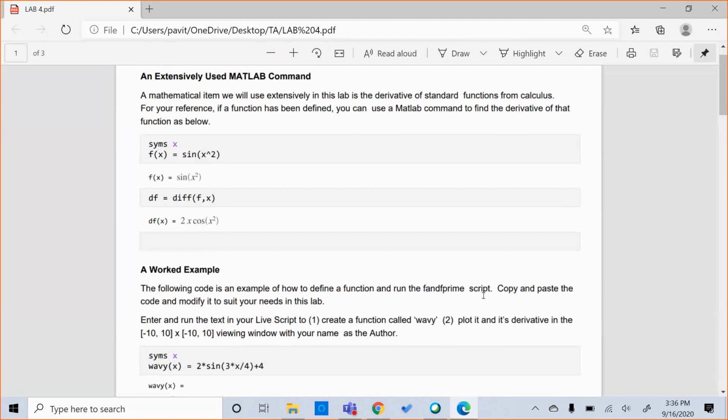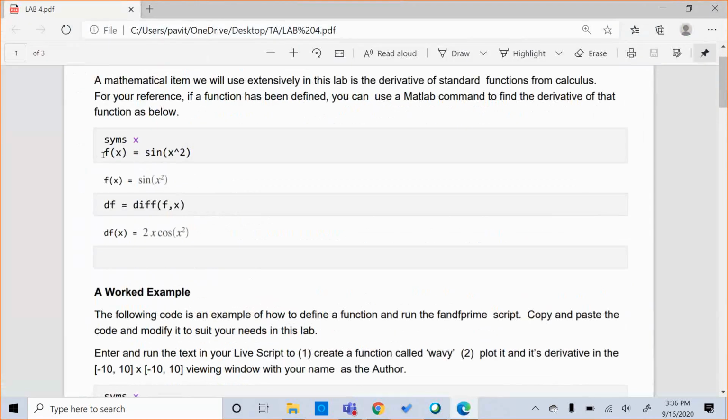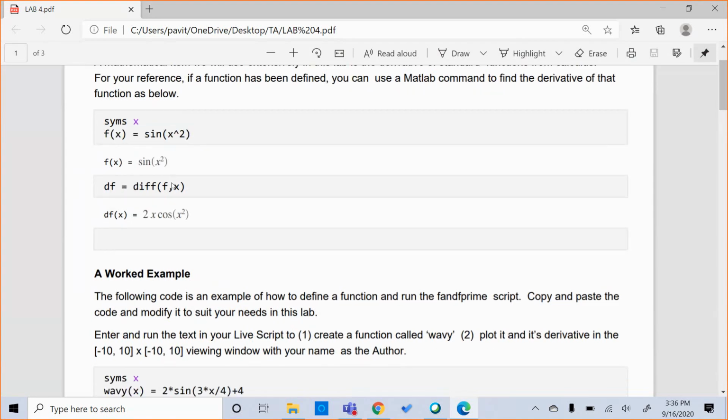Okay. So first, define your function and then find the derivative of that function. How do you find the derivative of the function? This is the code for that. So this is the given function. Okay. So df is nothing but the derivative of the function, differentiation of the function, right?